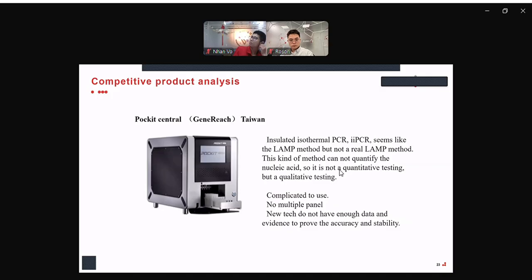And after seeing their product catalog, this machine does not have a multiple panel, and only provides a single test, one time, one pathogen. So the application scenario will be really limited.